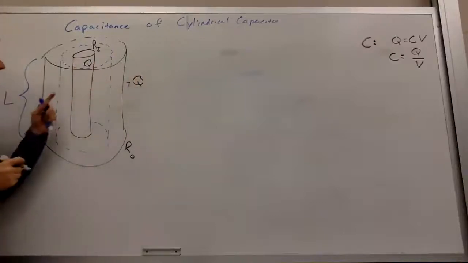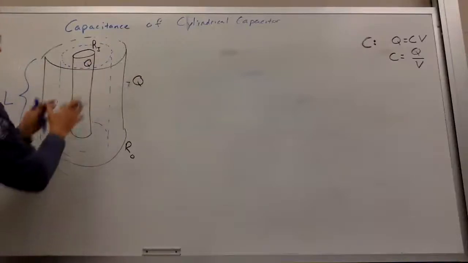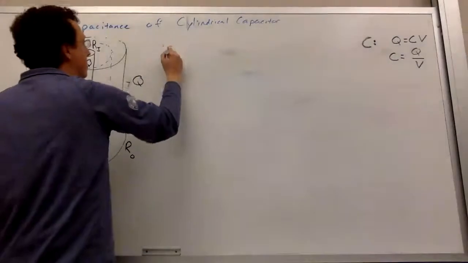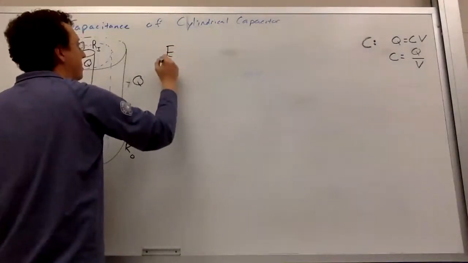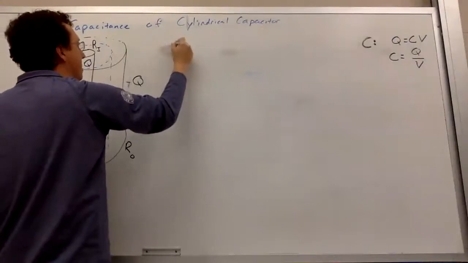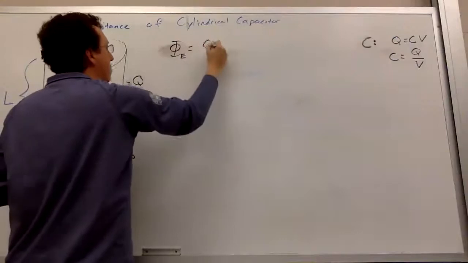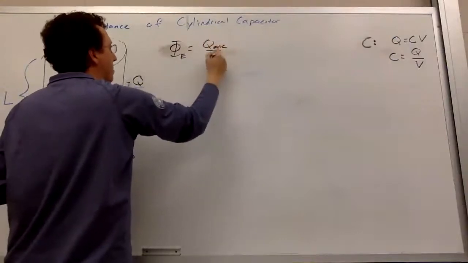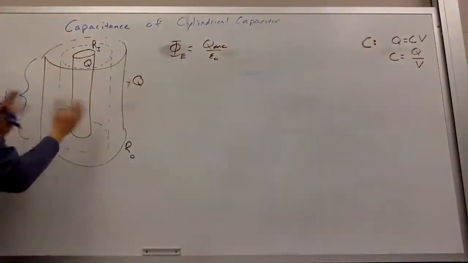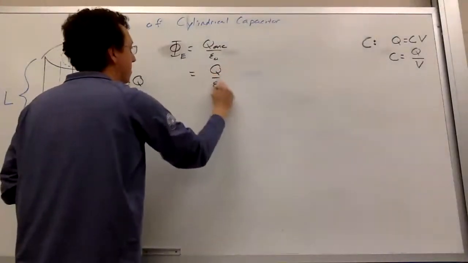All right. So now let's find a formula for the electric field. So to do that, I want to calculate the flux. So Gauss's law says the electric flux is Q enclosed over epsilon naught. Well, Q enclosed, the way I drew it, is actually the total charge. So that's just Q over epsilon naught.